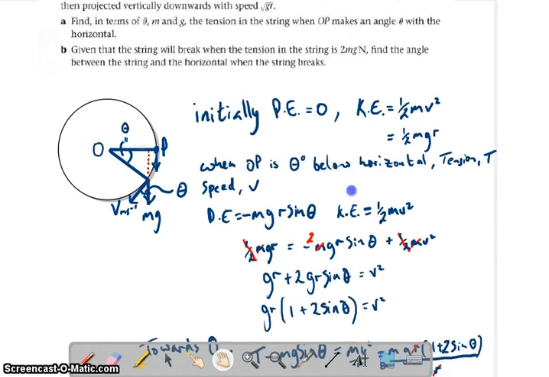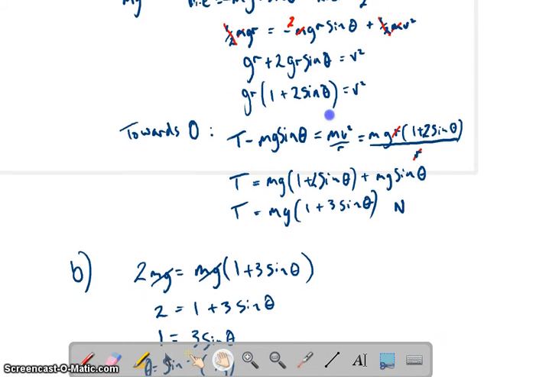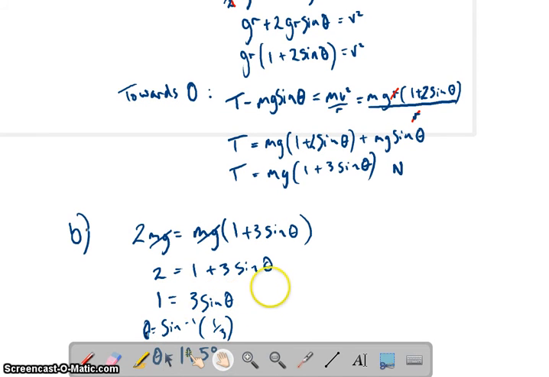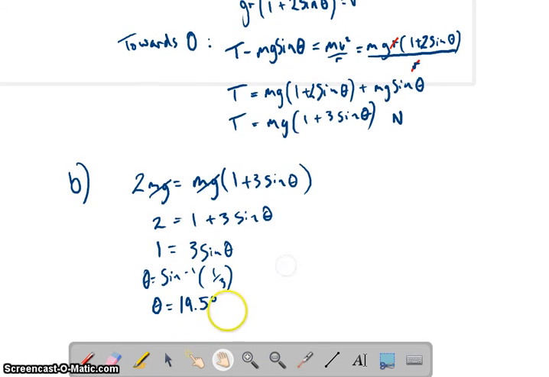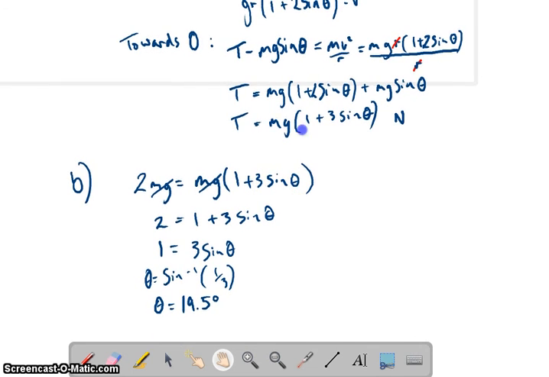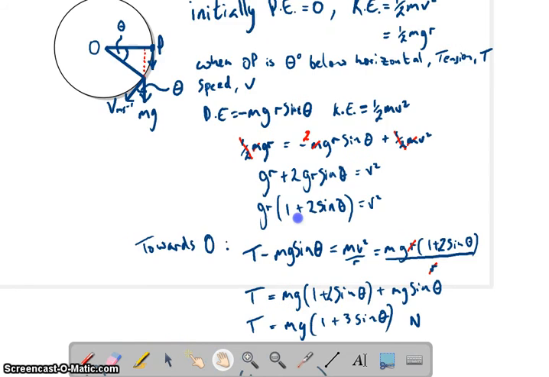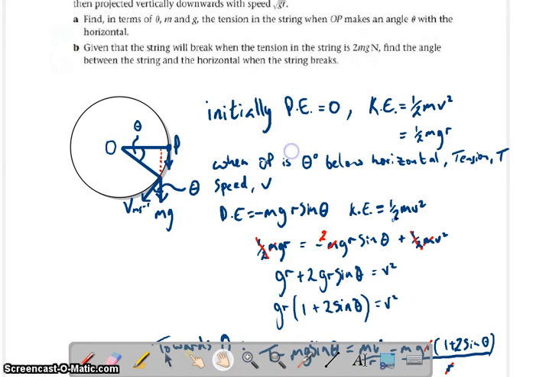So you just set 2mg equal to T, you've got the rest of the question here, and then you get a nice little sine theta, you get an angle, so you can very easily find an angle for when the string will break. So the question led you into that. So B isn't worth anywhere near as much as A. Okay, all the thinking is in A, and then you're just applying your formula to B.